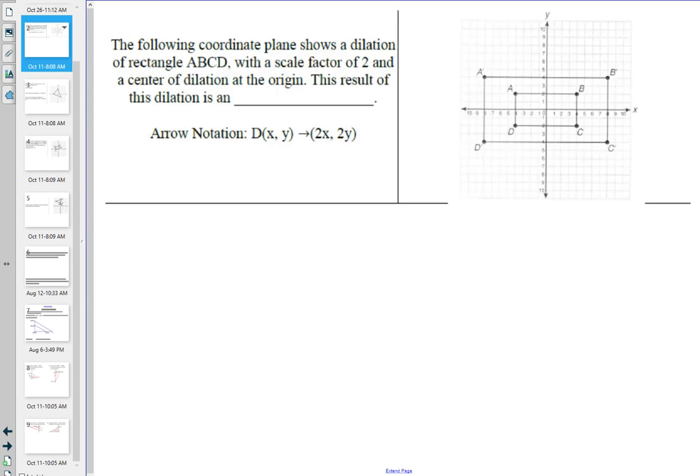So let's knock out the examples. This first question here just wants to know if this is an enlargement or a reduction. What determines whether you have an enlargement or a reduction? Go ahead, Jair.